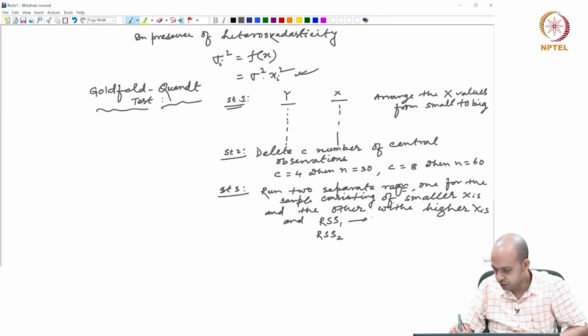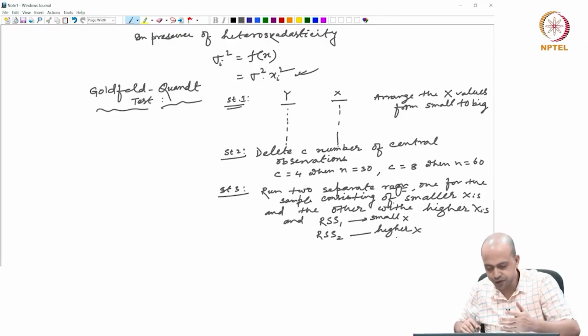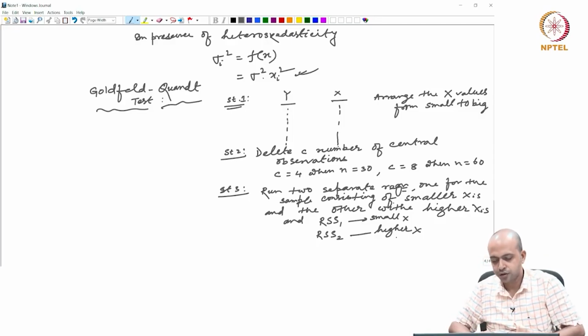This is from the small x, and this is from the higher x. If you run 2 separate regressions, you will get 2 different RSS.